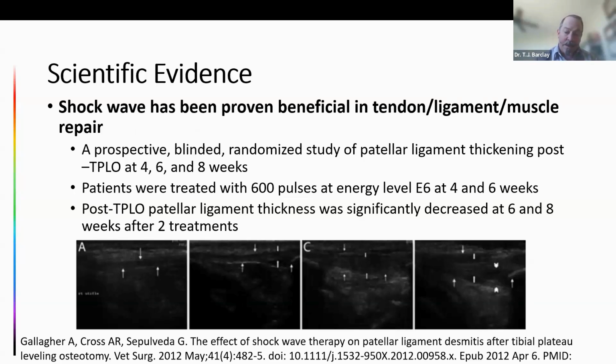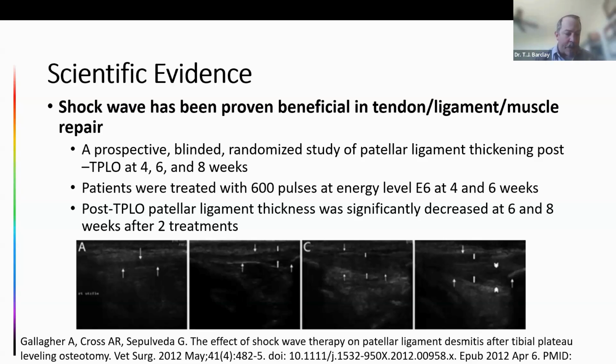The treatment group received treatments at 4 and 6 weeks after surgery, and were evaluated at all those time points, and demonstrated that the Shockwave treated group had less thickening of their patellar ligaments.